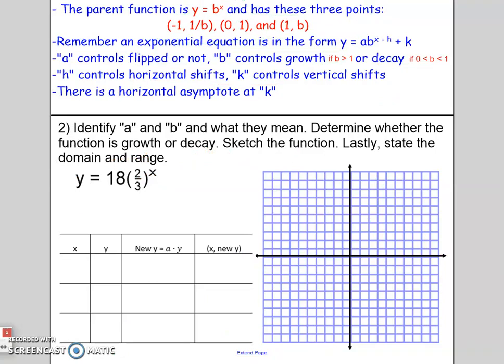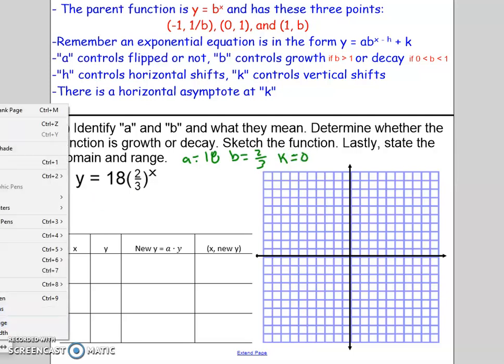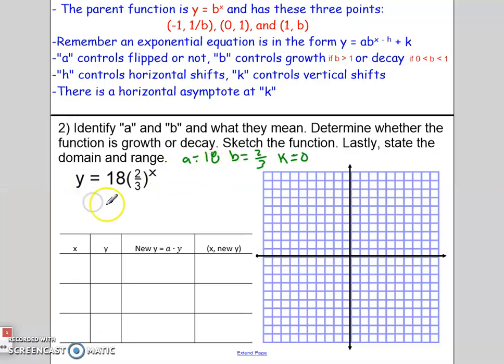So we got the same procedure or instructions for number 2. So let's begin. We can do this one a little faster. So A this time is 18. B is 2/3. And again, K is equal, which tells me again that my horizontal asymptote is at y equals 0.